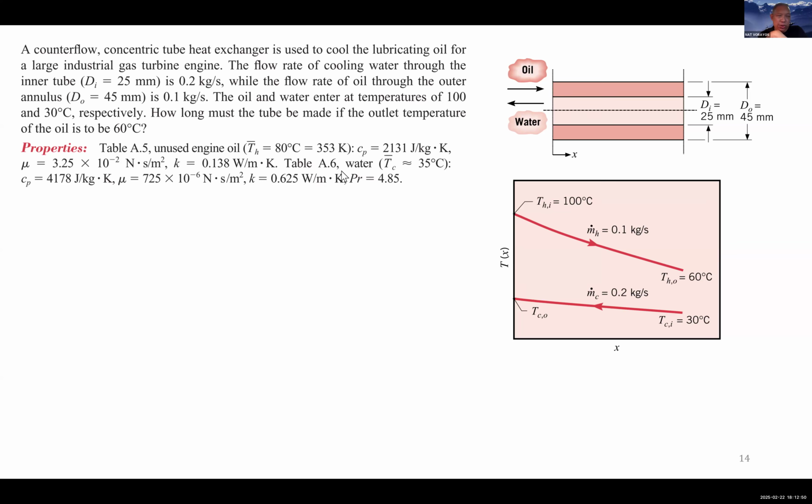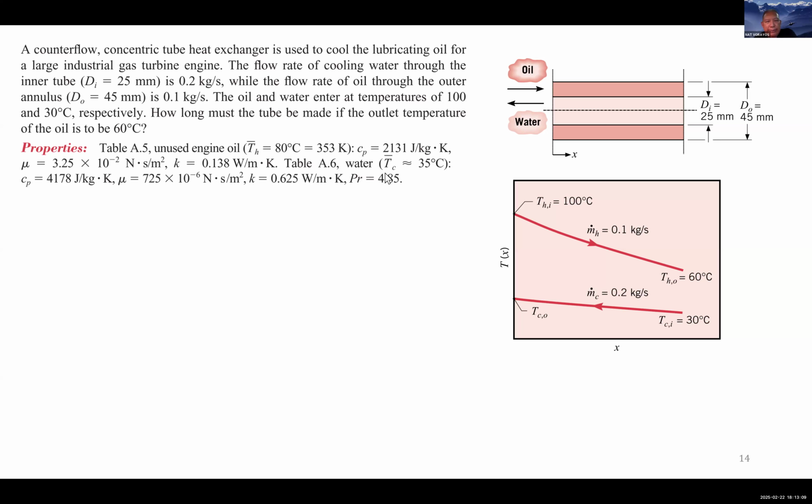It doesn't matter what kind of book you use, as long as it is a heat transfer book. The fluid properties should be available in the appendix, but the numbers might be different from one book to the next.